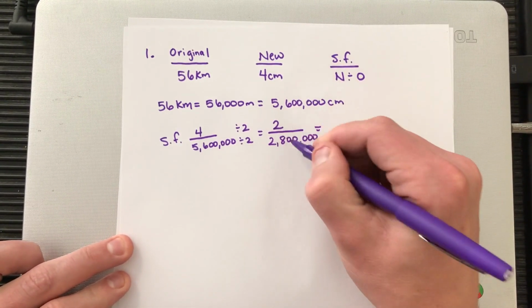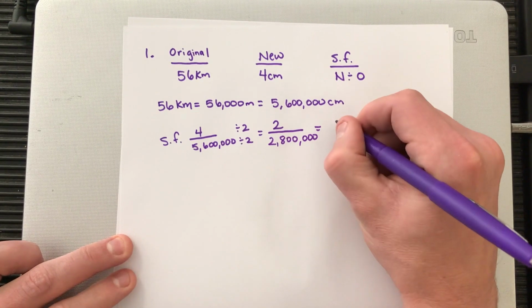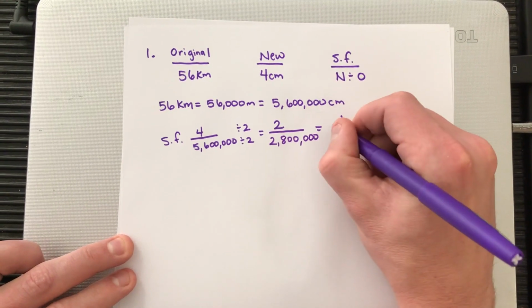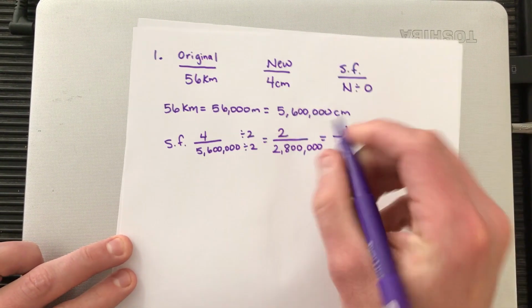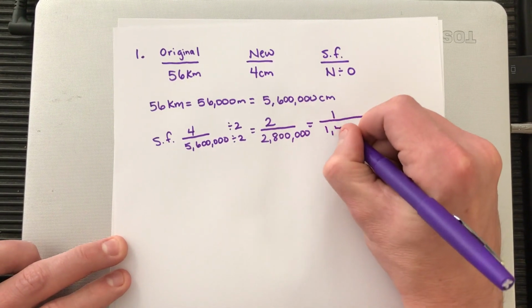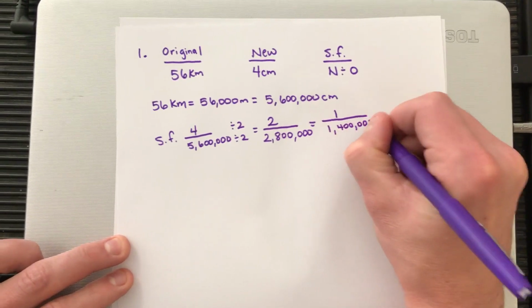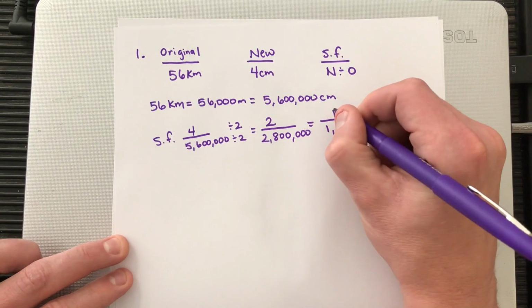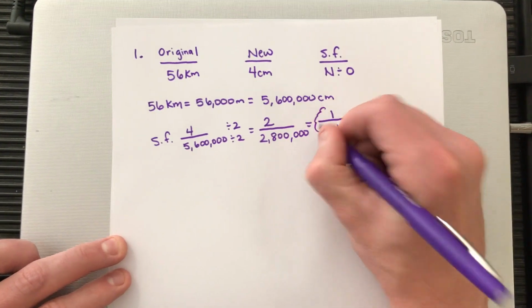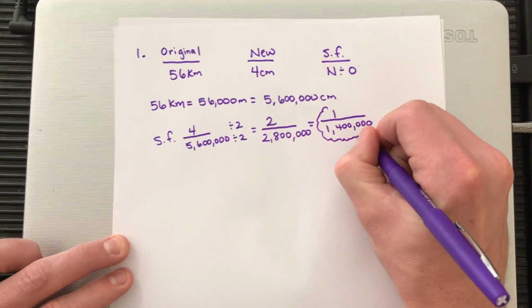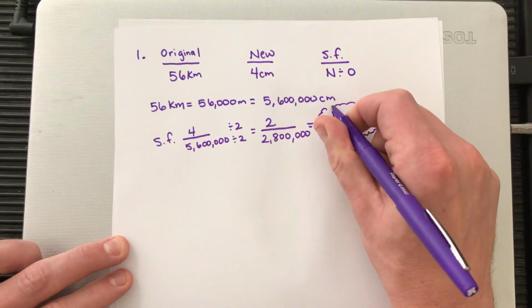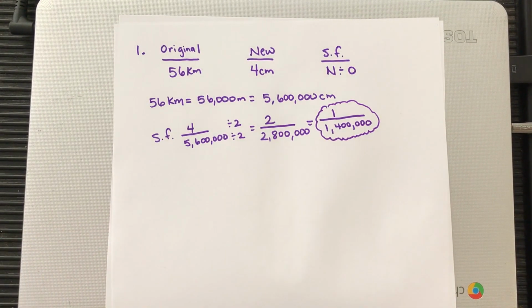And I see that 2 can go into the top and bottom again, so I'll divide the top by 2 and I get 1. And I divide the bottom by 2 and I get 1,400,000. So there's my scale factor right there. Super small, 1,400,000th. Okay, let's move on.